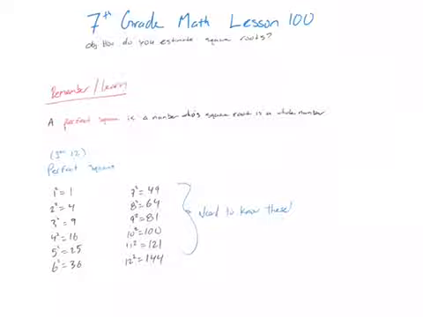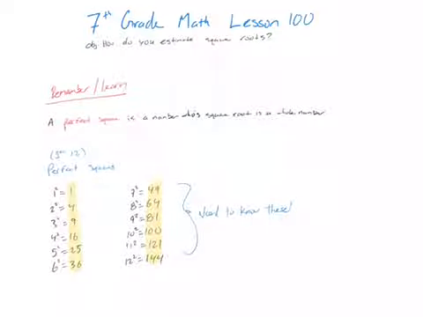So let's just remember that a perfect square is a number whose square root is a whole number. So here, I'll highlight them in yellow for you. All of these numbers are what we call perfect squares.